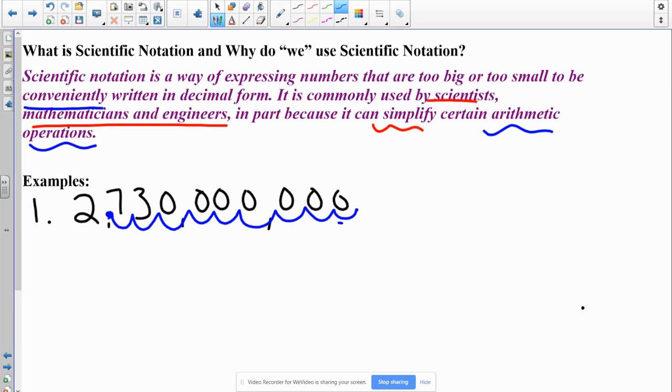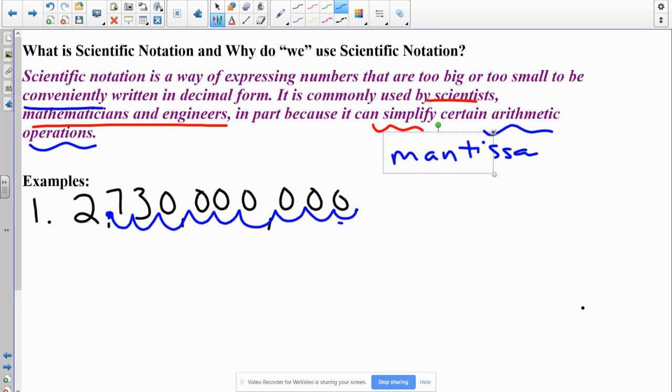So in scientific notation, this first number, which we call the mantissa, I'll spell that out for you, mantissa, has to be 1 up to 9.99999. In other words, it can't be 10, so it has to be a single digit. It doesn't matter what's behind the decimal, but it can't be anything other than one single digit in front of the decimal.